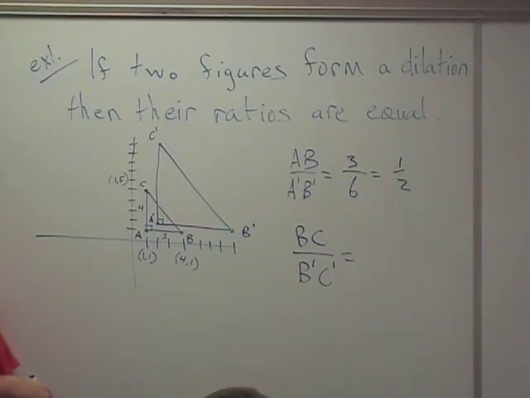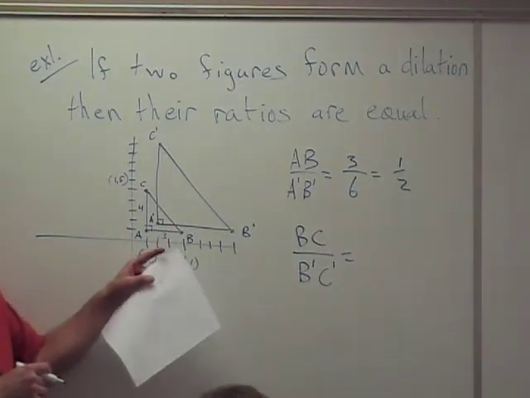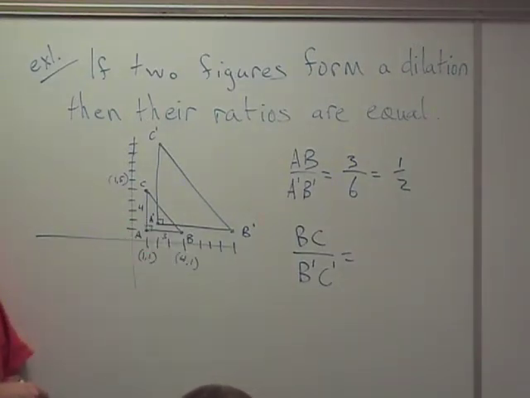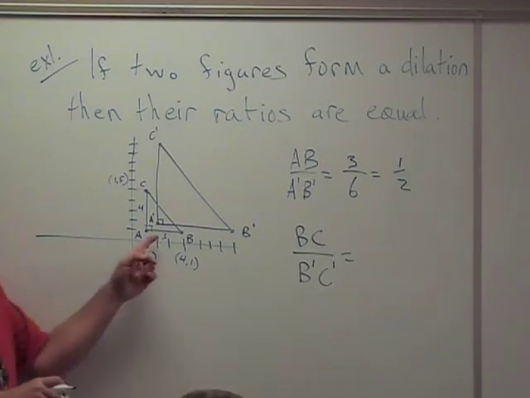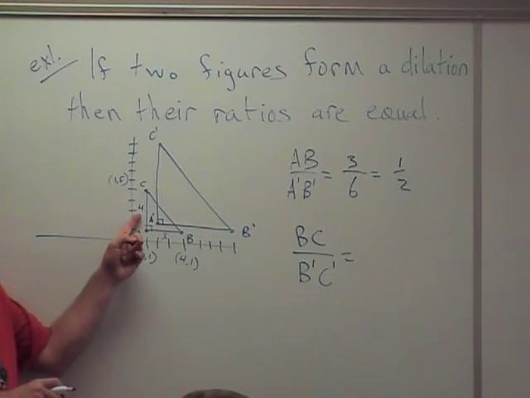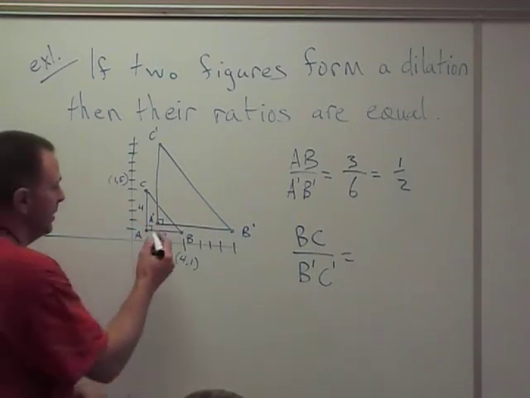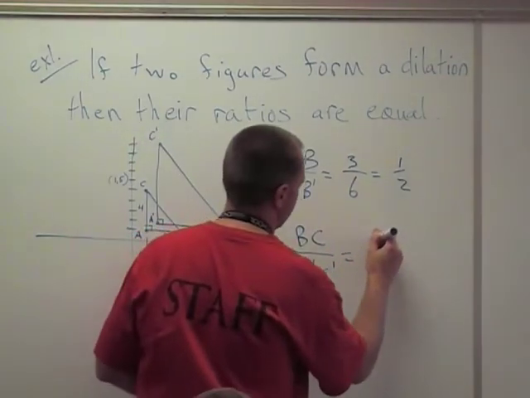This is a Pythagorean triple. Remember Pythagorean triples? Whole numbers that form right triangles. This little triangle is a 3, 4, 5. 9 plus 16 is 25. The square root of 25 is 5. Pythagorean theorem. So BC is 5.